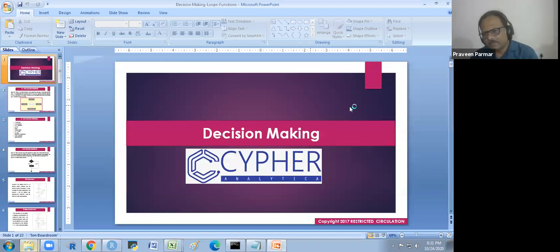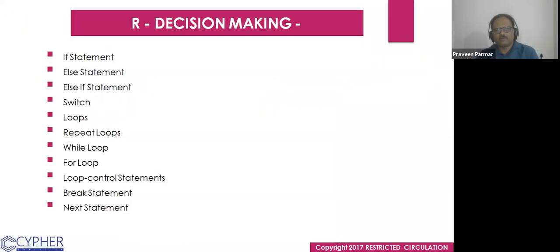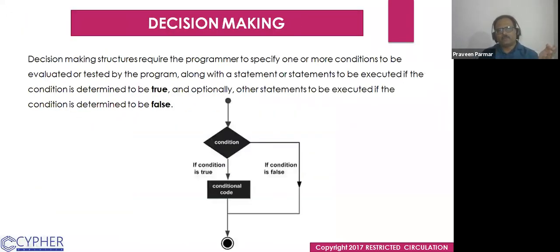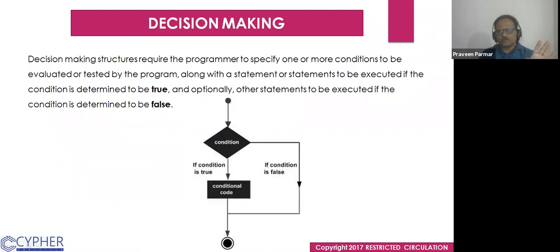This is the decision making. I will explain all of this not now, but tomorrow or the day after: the if statement, if else statement, if else if statement, switch, repeat loops, while loop, for loop, and loop control statements, break statement, next statement. So all this we will learn.